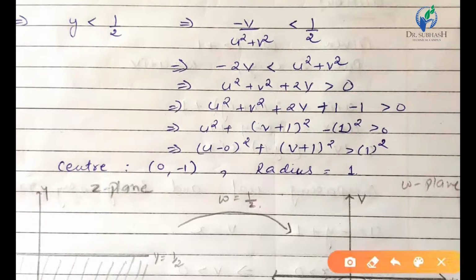Now again, by the equation of the circle, u square can be written as (u minus 0) whole square. V square plus 2v plus 1 is written as (v plus 1) whole square, and this 1 is transferred to the other side, so we get plus 1 square. Again here the center will be (0, minus 1) and the radius will be 1.